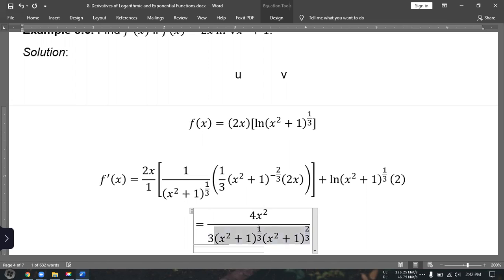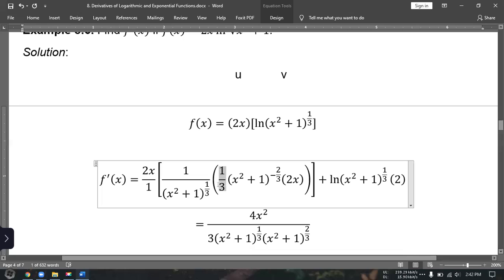This 3 here came from our 1/3. And then the second factor here came from this. And our third factor came from this. And since negative yon, negative ito.